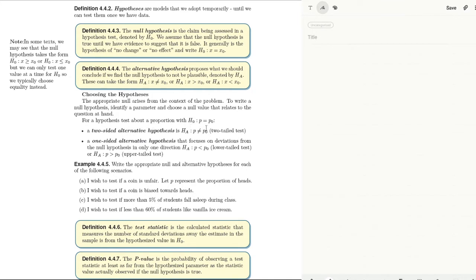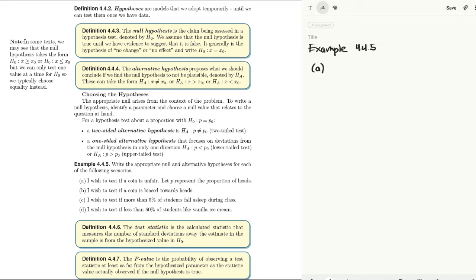So a two-sided alternative is the alternative hypothesis where P does not equal P0. This is also referred to as a two-tailed test. And for a one-sided alternative hypothesis, this is where the alternative hypothesis is either P is less than P0, which is a lower tailed test, or P is greater than P0, which is an upper tailed test.